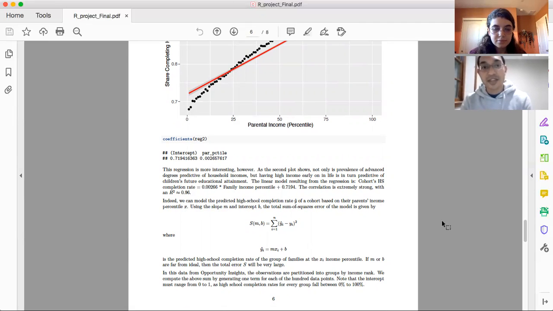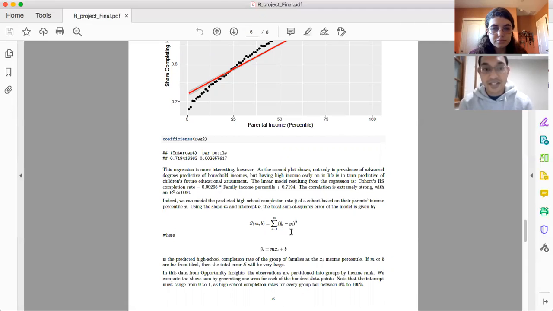So if we want to calculate the total error between the linear model and the observations, we can do so with this sum of squares formula right here.